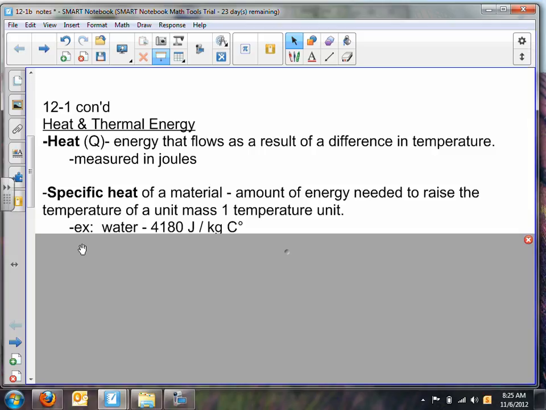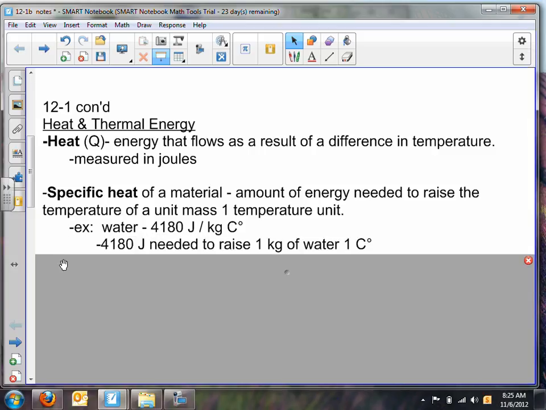So it really is the same thing, it's just how much energy for a kilogram. So what that really means is, if I have exactly 1 kilogram of water, it would require 4,180 joules to raise the temperature by 1 Celsius degree.